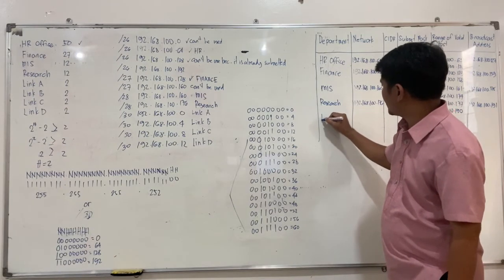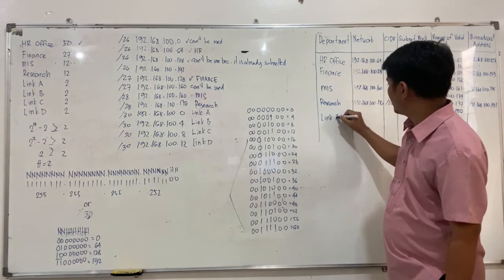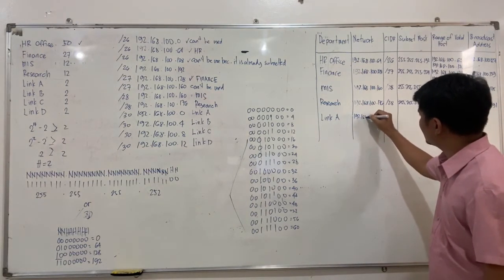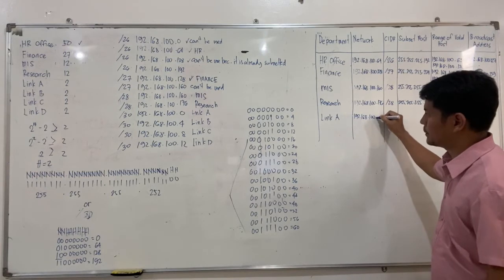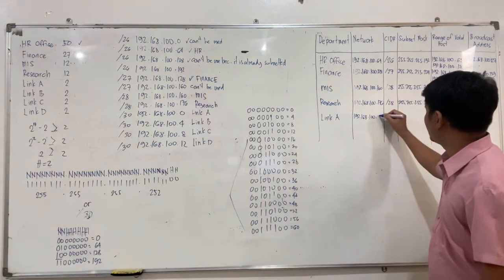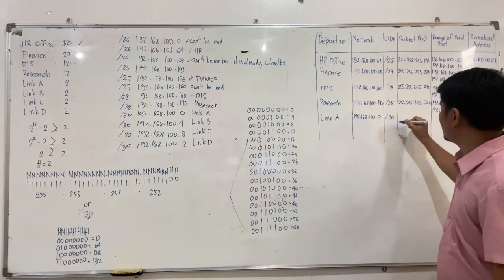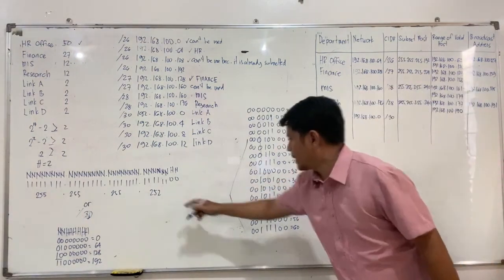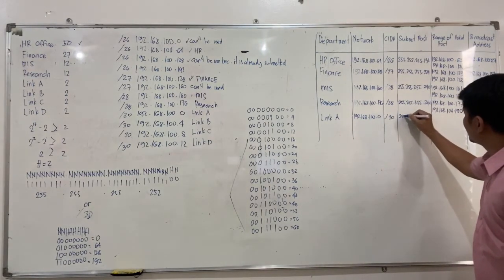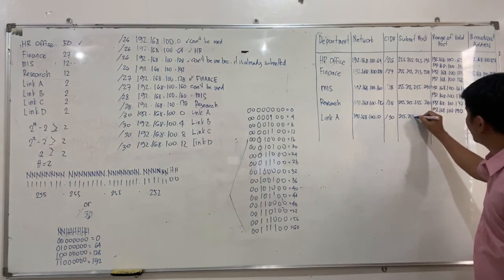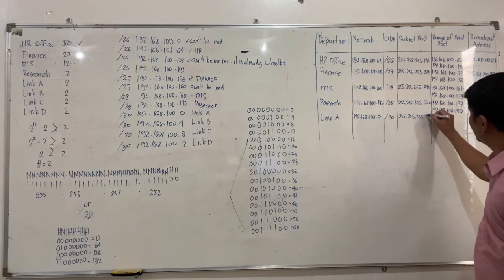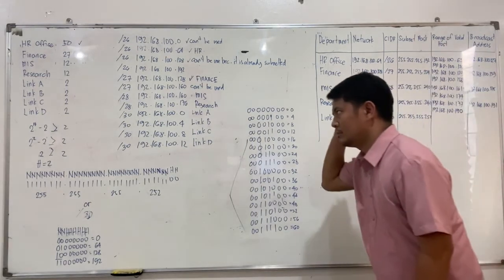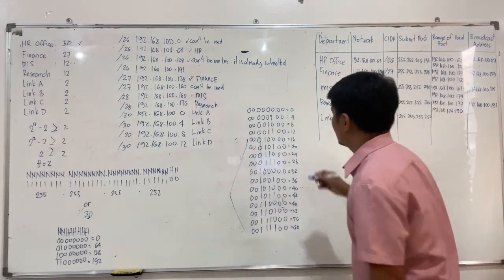Okay, so what are the numbers? Link A, we have 192.168.100.0/30. And then the subnet mask is 255.255.255.252. Okay, range of valid hosts. Concentrate here.